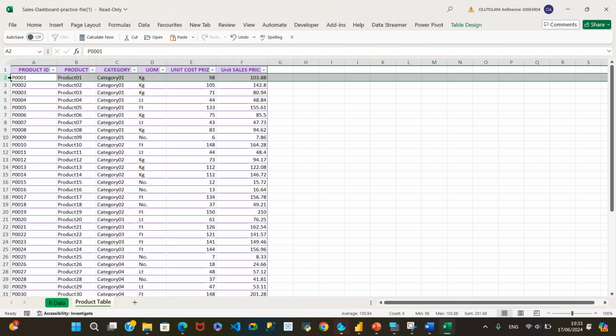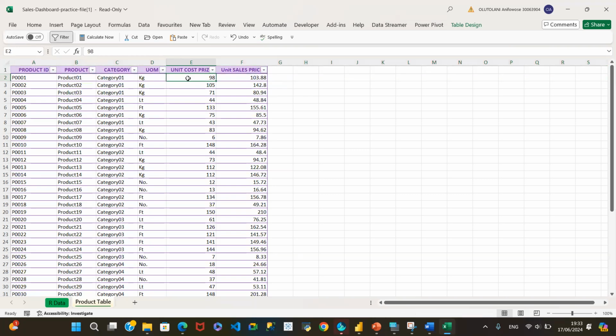Somebody wants to buy product 1, which has a product ID, and it belongs to category 01. How much it cost us to get one of these is 98. That tells me the amount I must sell it for is the amount recorded here. So it's just me looking up information about our business.